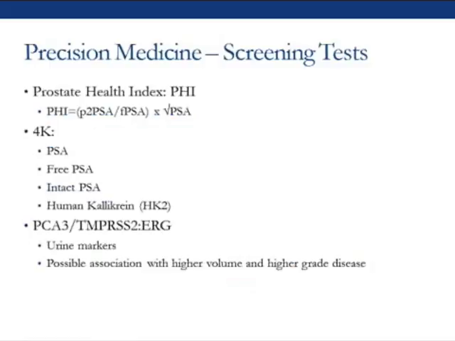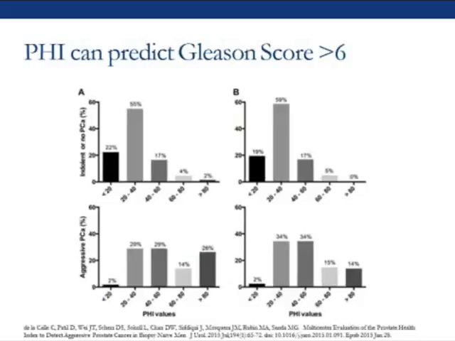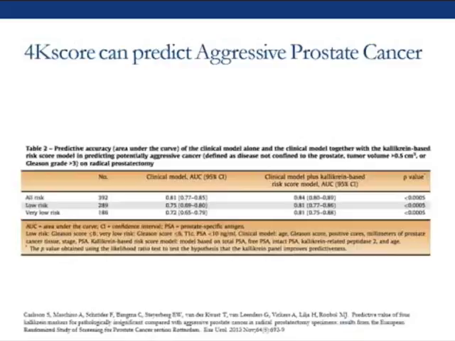Future directions. I think there's a lot. Just touching on briefly, I think the precision medicine tests may play a role. Things like PHI, 4K, PCA3. This is PHI that just shows that with a low PHI score, you can use it to predict a low risk of Gleason score greater than or equal to 7. This is 4K score, just showing that when you add this to normal clinical models, you increase the area under the curve for detecting overall risk for T3 disease or Gleason score 7.